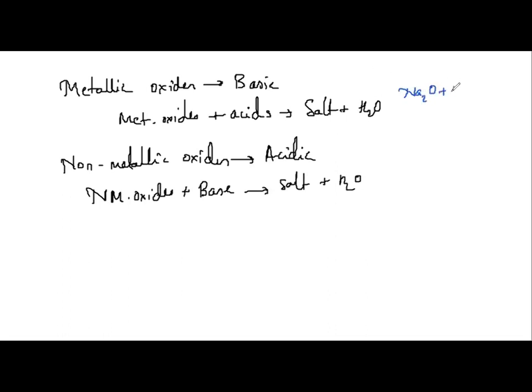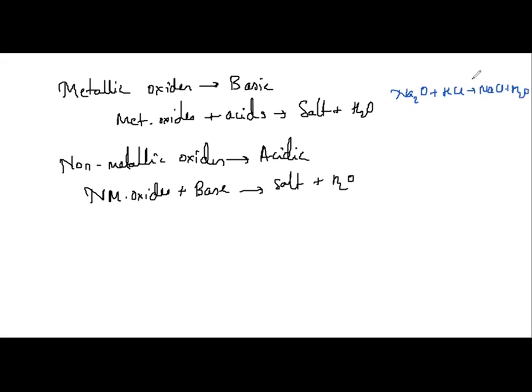It will react with acid, HCl, and form NaCl plus H2O. Non-metallic oxides react with bases. Non-metallic oxide, say carbon dioxide, reacts with base NaOH to form Na2CO3 plus H2O, salt and water.